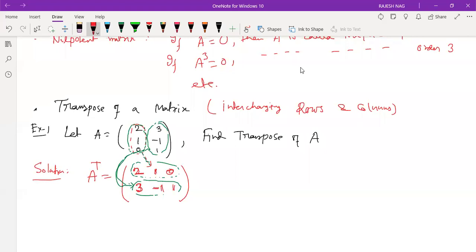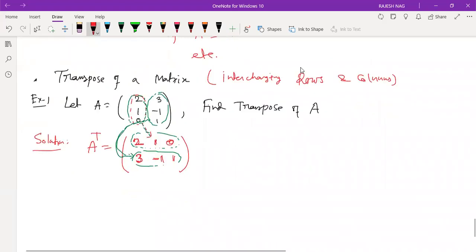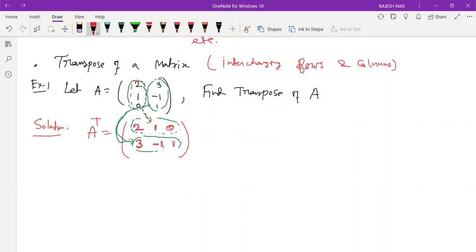So naturally, we have another exercise. For example, find AT, A transpose, when A equal to 2, 0, minus 1, 0, minus 1, 3, 4.